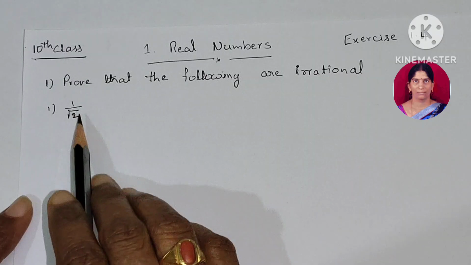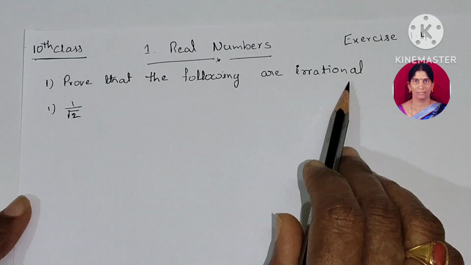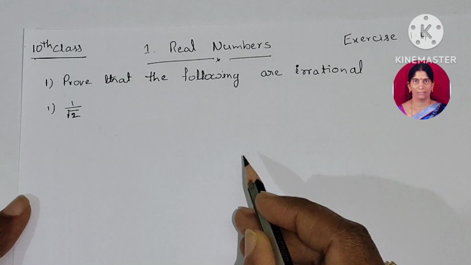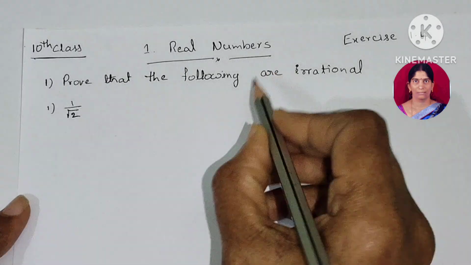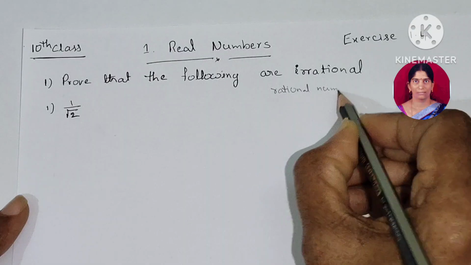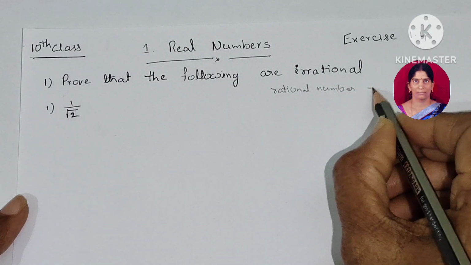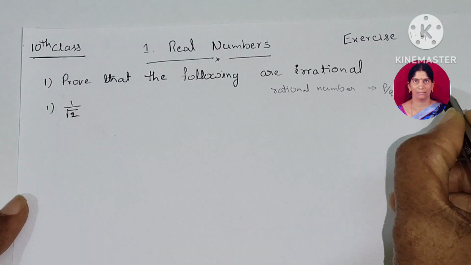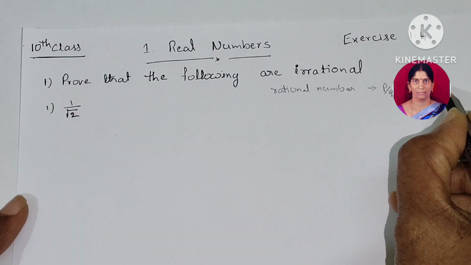So the first one: we show that 1 by root 2 is irrational. Before that, let us remember rational and irrational numbers. Rational numbers mean numbers we can write in the form p by q, where p, q belong to integers.